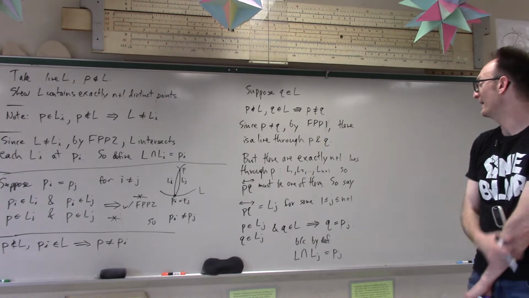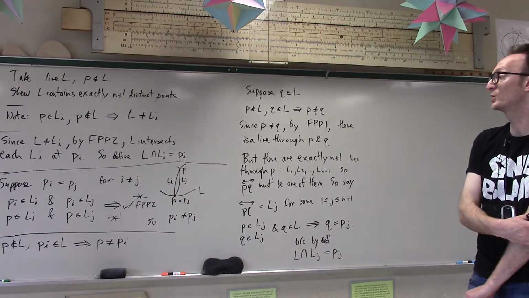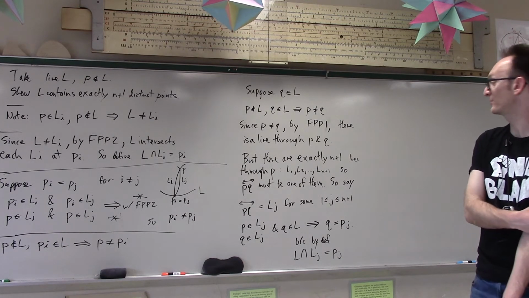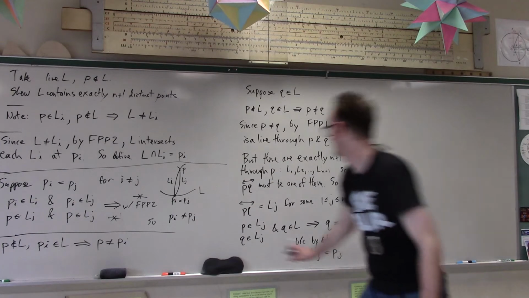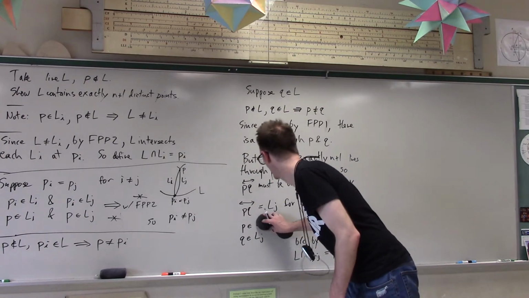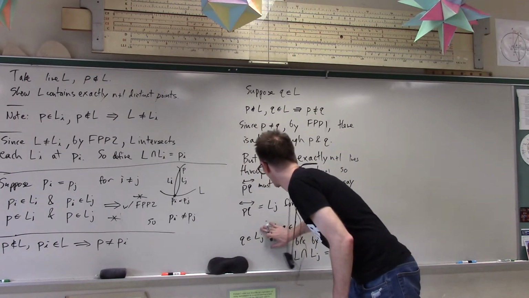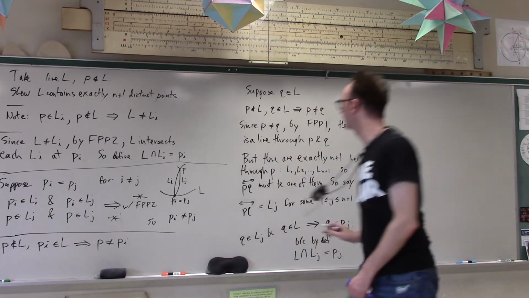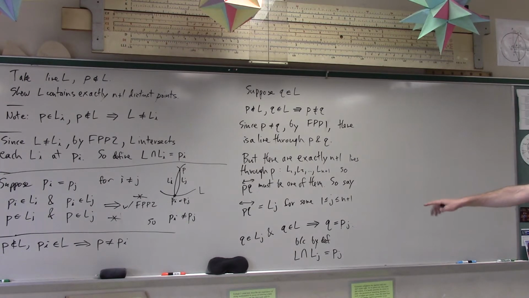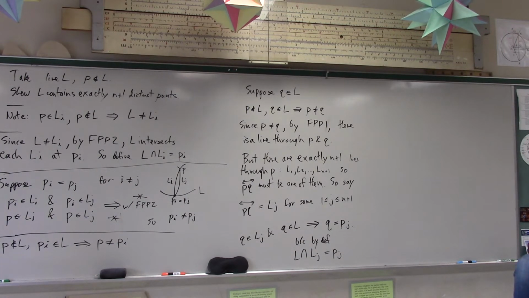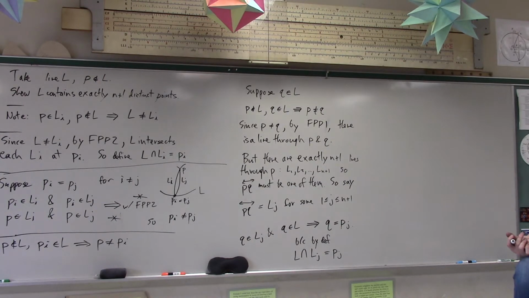This is the key point: Q is on the line L sub j, but Q is also on L, so L and L sub j meet at a single point, P sub j, so Q just is P sub j.